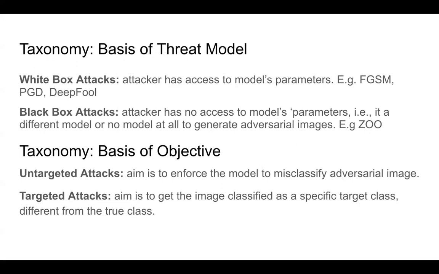You don't want to find just any noise that will make the cat misclassified and renamed as a dog. No, you want the cat to be classified as a cow. It's a very specific, targeted attack. The aim is to get the image classified as a specified target class different from the true class, and you know the target class. That is called a targeted attack.